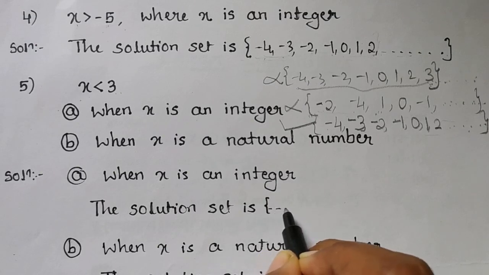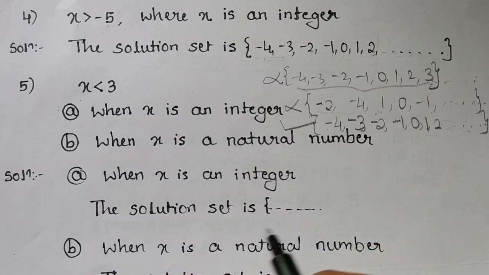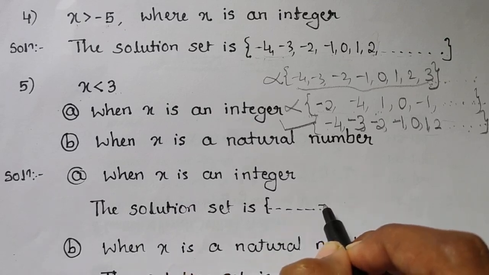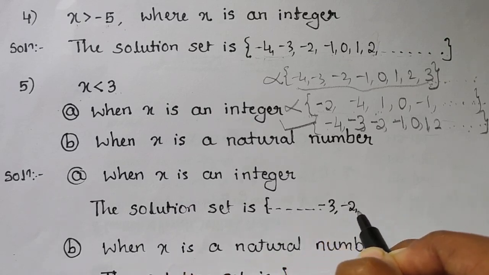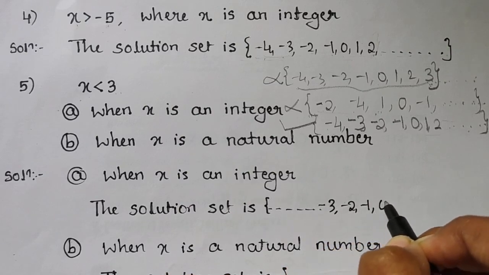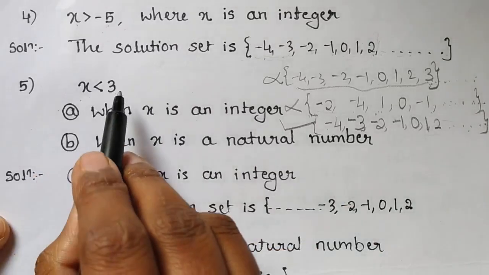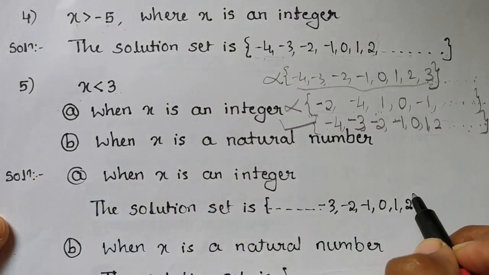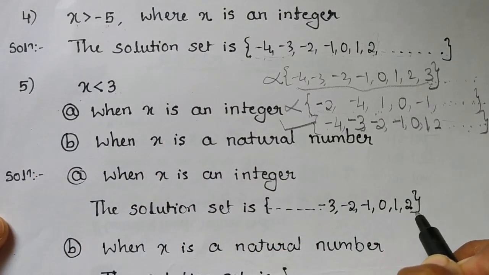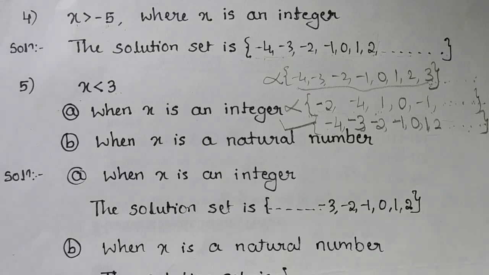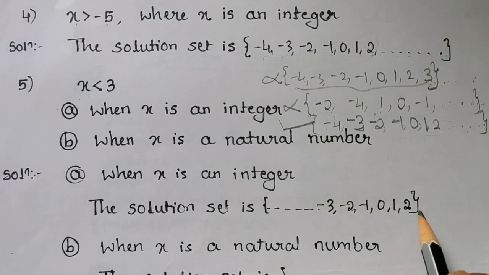So I'll start with a dash from minus infinity to minus 3, minus 2, minus 1, 0, 1, 2. 3 less than 3 is not true. 3 doesn't satisfy. So only the integers up to plus 2 satisfy the inequality. Here we do not put a dash after 2.